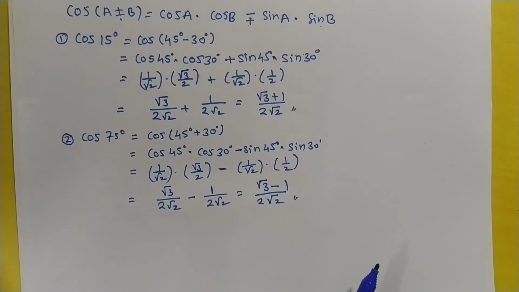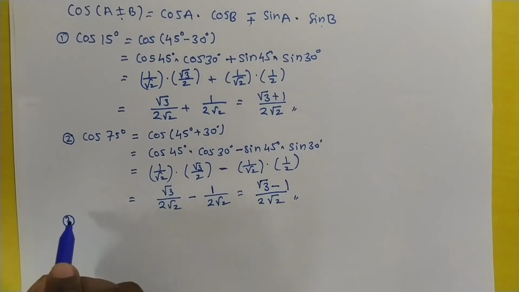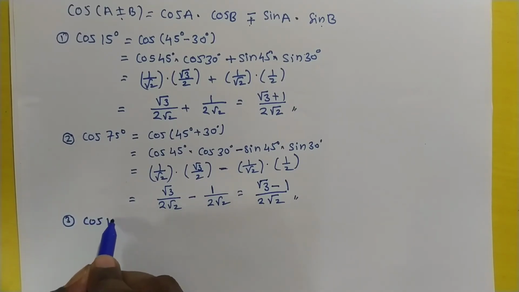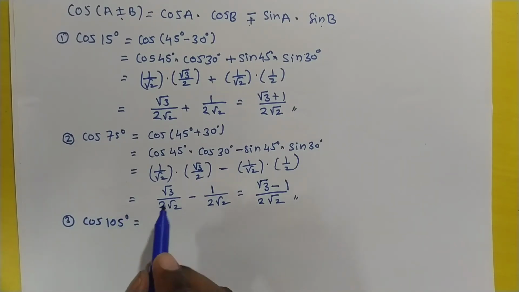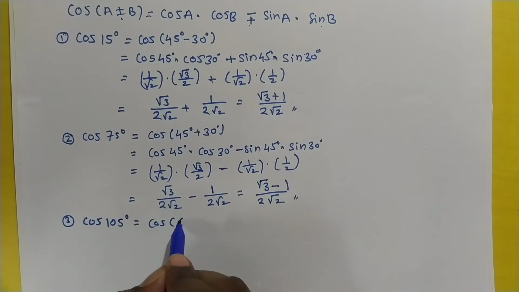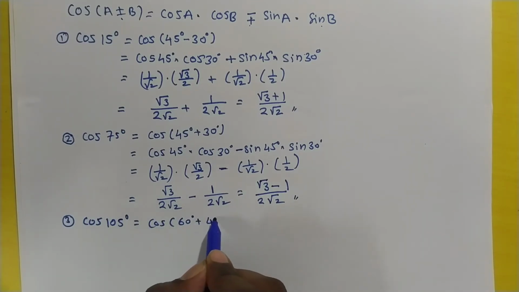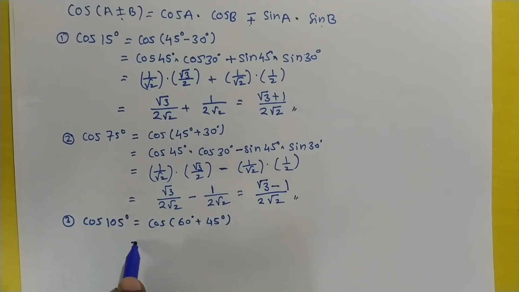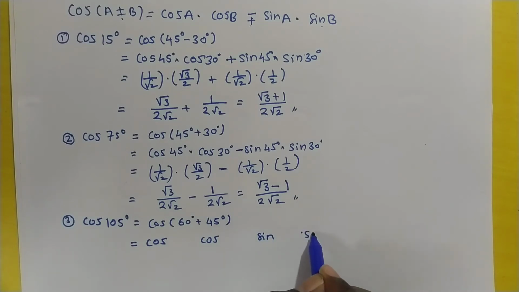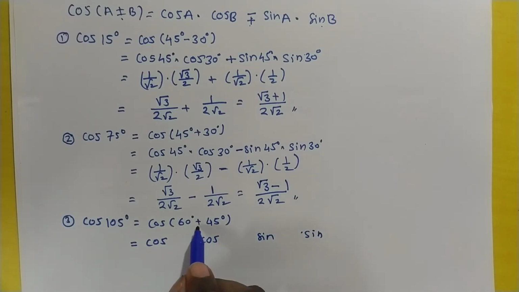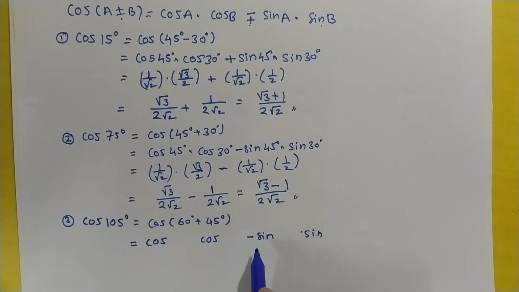So let's take one more example. Example number 3 is cos of 105 degree. So it is equal to cos of 60 degree plus 45 degree. We know how to remember the formula: cos cos, sin sin, reverse sign. So here plus sign is present, therefore we take minus sign. So 60 degree, then 45 degree.